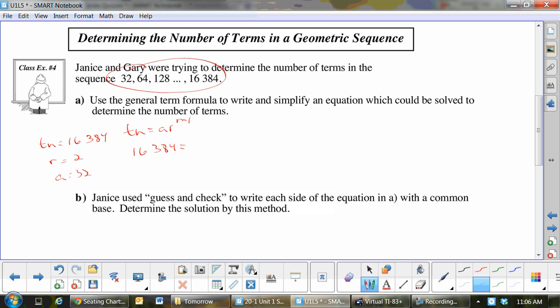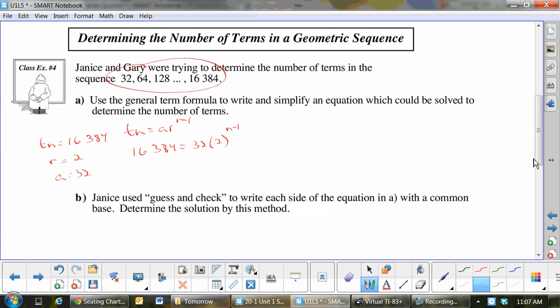So let's just put everything in its place. 16,384 equals A is 32. Now I like to always put my R in brackets. Now that n minus 1, is it talking to the 32 at all? No. Don't ever get that confused. That 2, the exponent to it is the n minus 1.